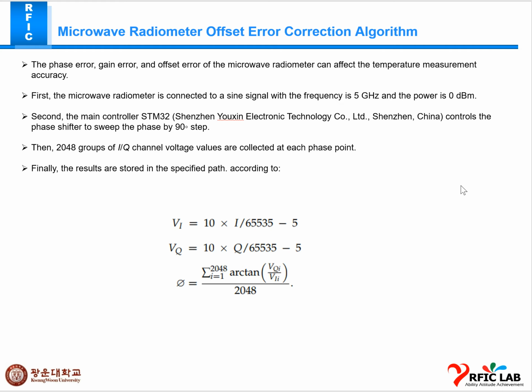Then 2048 groups of IQ channel voltage values are collected at each phase point, and the final results are stored in the specified path, where I equals 10 into I over 65535 minus 5, Q equals 10 into Q over 65535, and phase equals the sum, as I said, of 2048 groups of arctan Q upon I, whole over 2048.